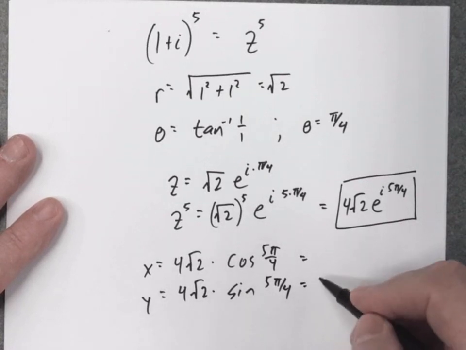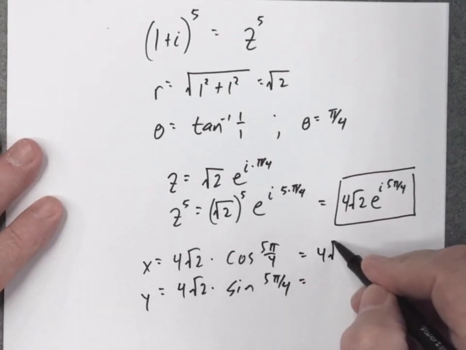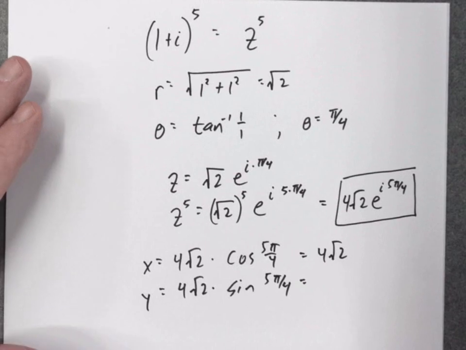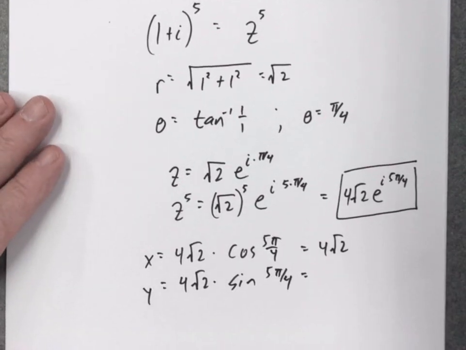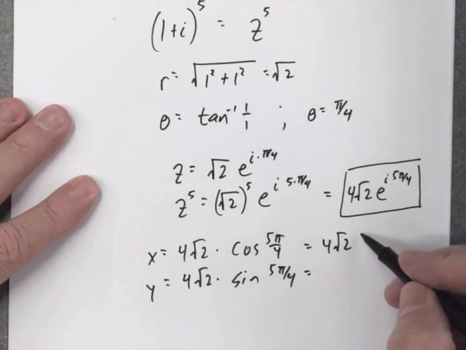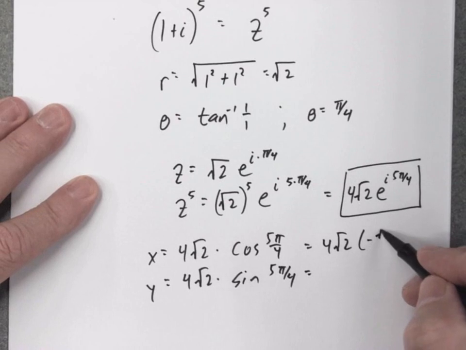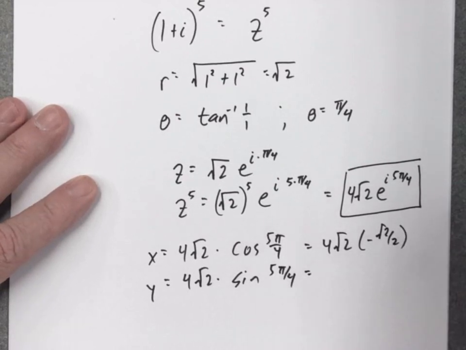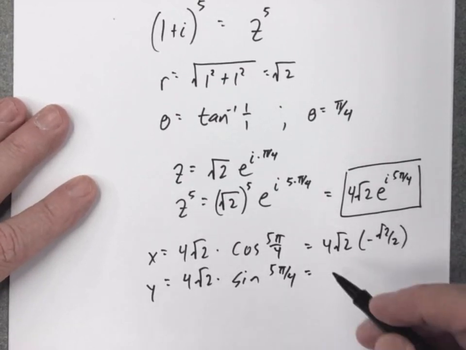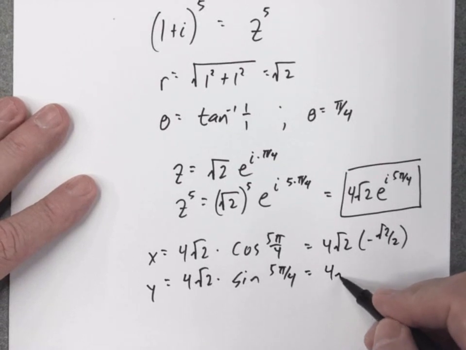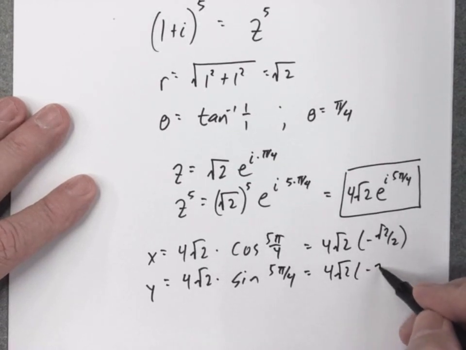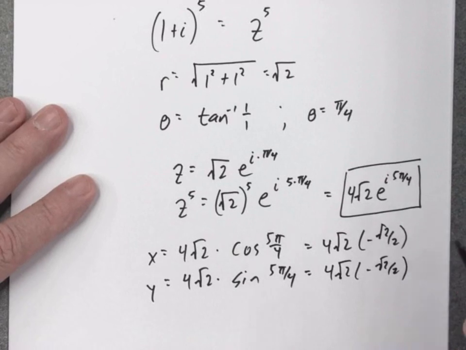These are both special angles. 4 square root of 2, cosine of 5 pi over 4. 5 pi over 4 is in quadrant 3. Negative square root of 2 over 2. And the sine is actually the same thing. Negative square root of 2 over 2.